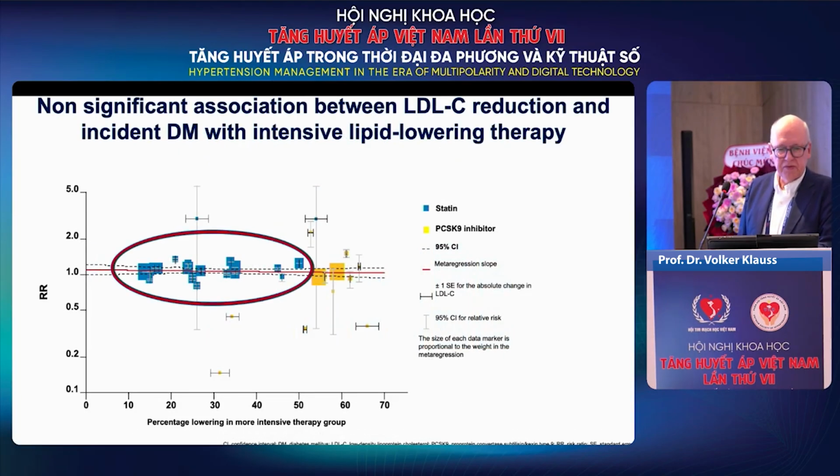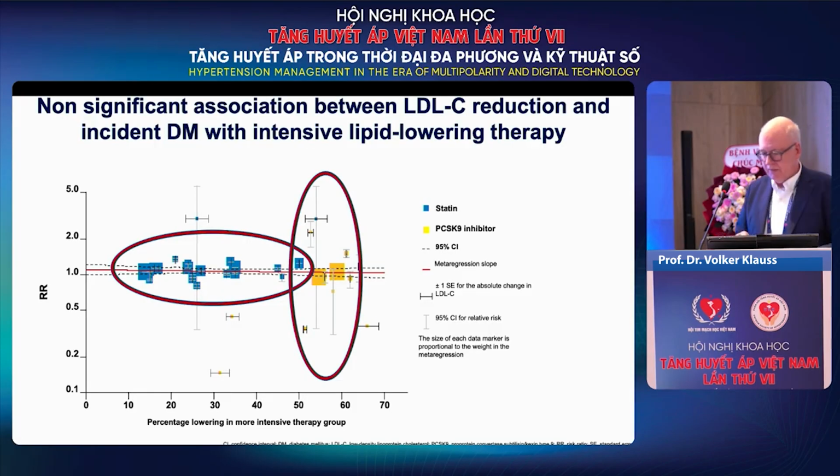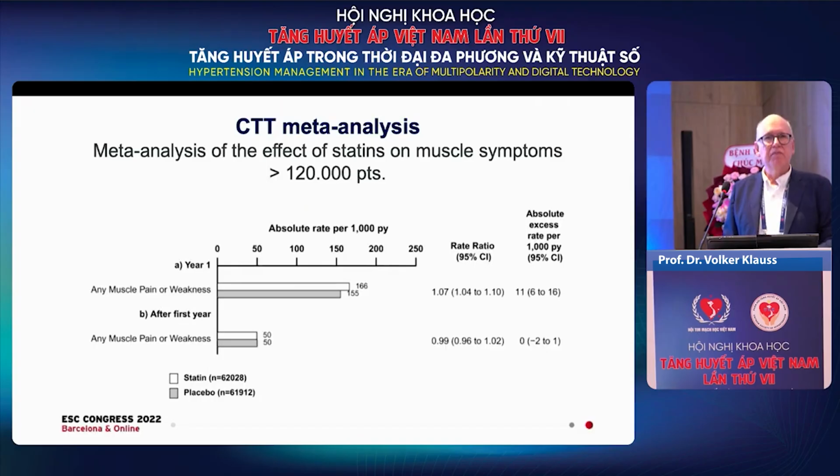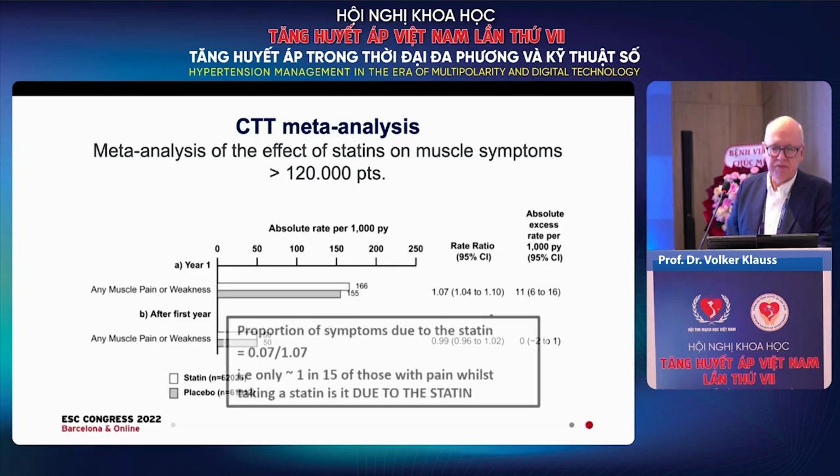The next issue was what about the diabetes? With the statins, we might see a slight increase in the HbA1c, but I think it's not clinically relevant, and we don't see it with the PCSK9 inhibitor. And another issue, what we very often see in our clinical practice, is about potential side effects of statins.